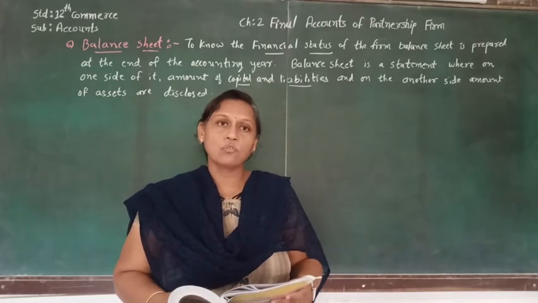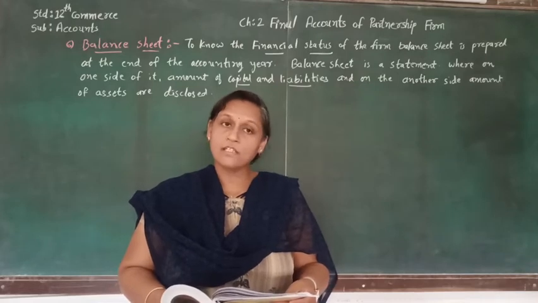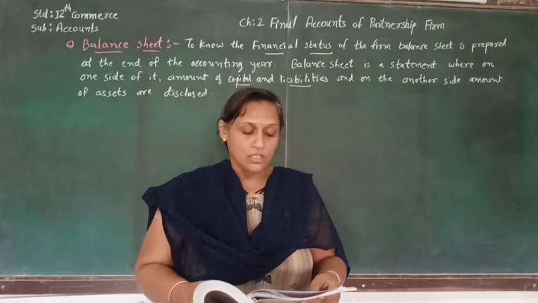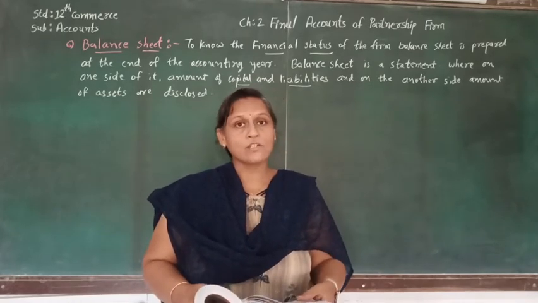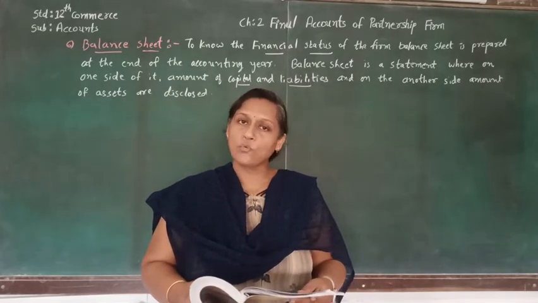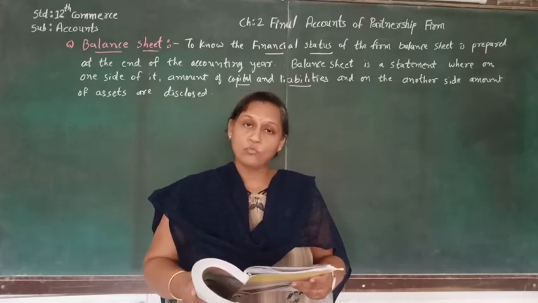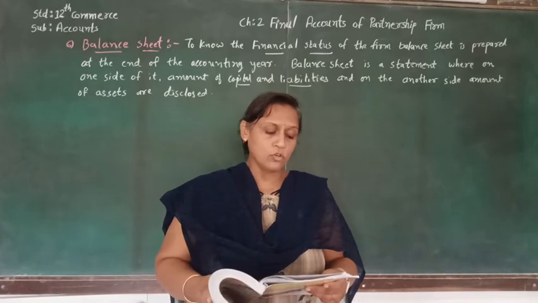Then there are the reserves that we are supposed to write. In that, general reserve, capital reserve or any other reserves. After writing reserves, the next heading is non-current liability, where we write all the non-current liabilities that are for more than 12 months. In that, very first is loan from bank, loan from financial institute, loan from partner or loan from friend.